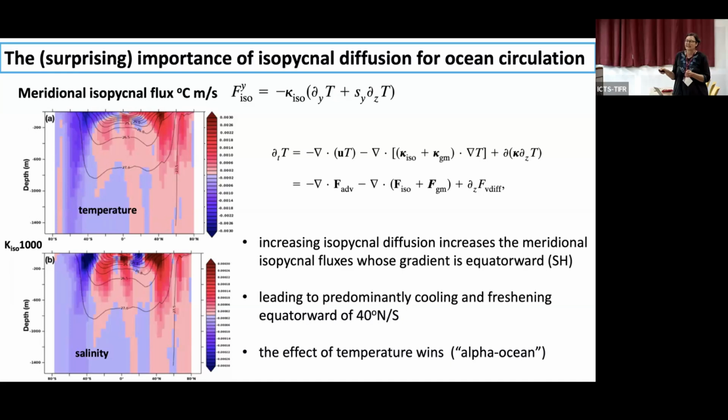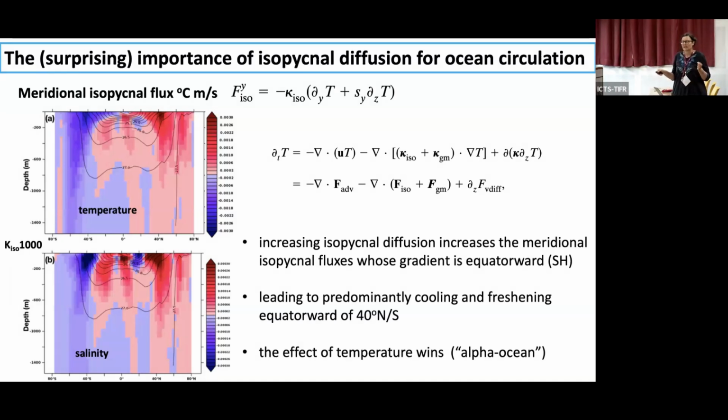It is poleward north of these 40-degree latitudes, and it's equatorwards here. So it leads to an increase in the meridional isopycnal fluxes. And the effect on temperature is then that the divergence is this. So the gradient is equatorward, and this leads to a predominant cooling and freshening equatorward of 40 degrees north and south. And when you look at these two together, then temperature wins.